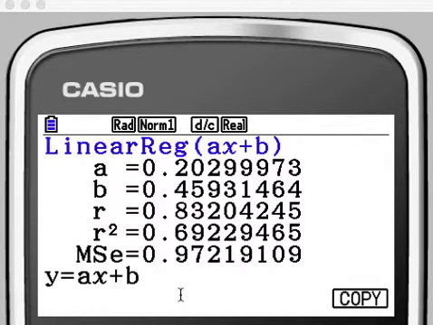So when I press the AX plus B key, notice that it takes us to a screen that reports our regression values. A is our rate of change or slope for our regression equation, and B is the y-intercept for our regression equation.